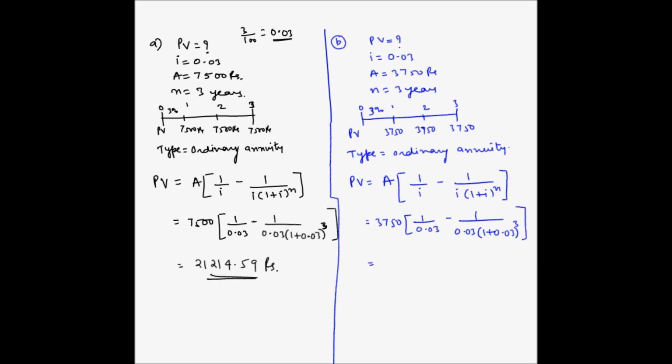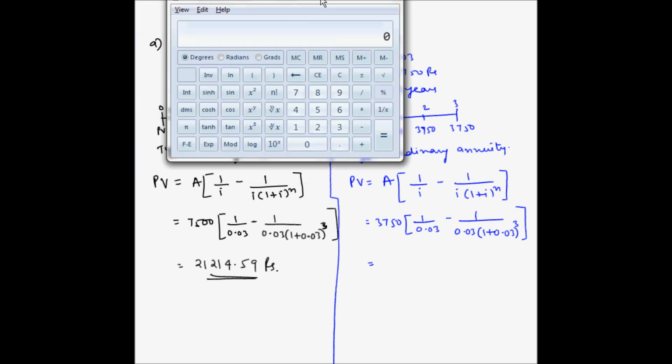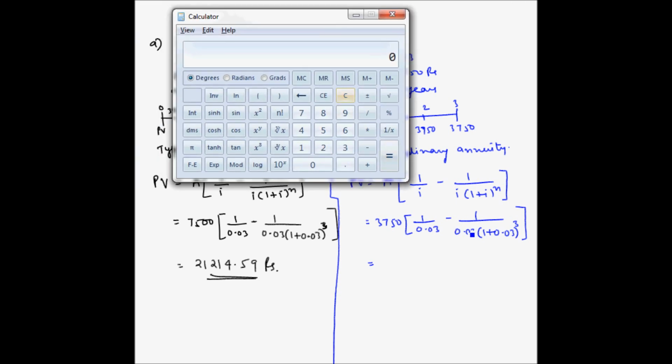So let me again pull my calculator here. We have to first calculate this bracket here. So 1 plus 0.03 is 1.03 cube.